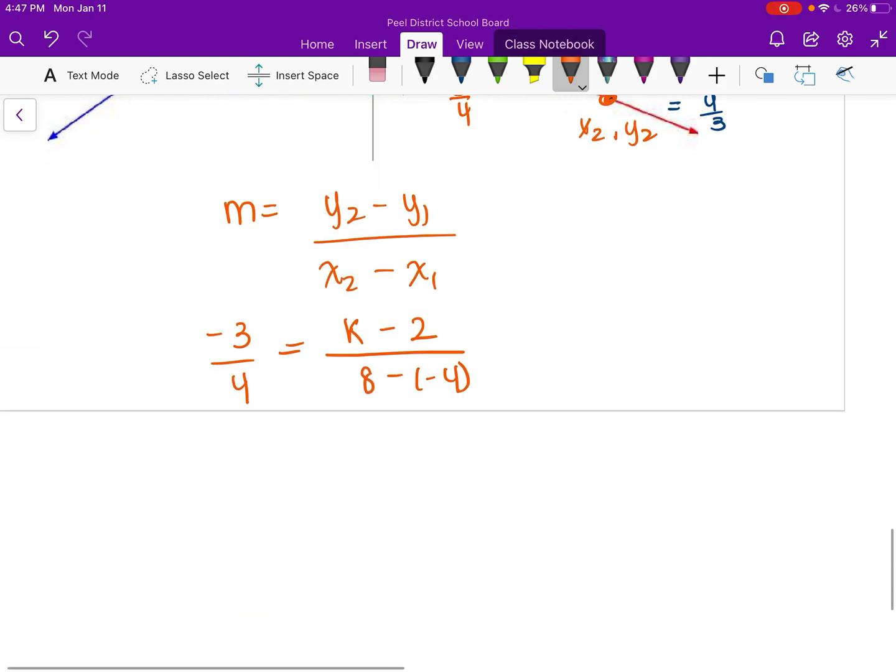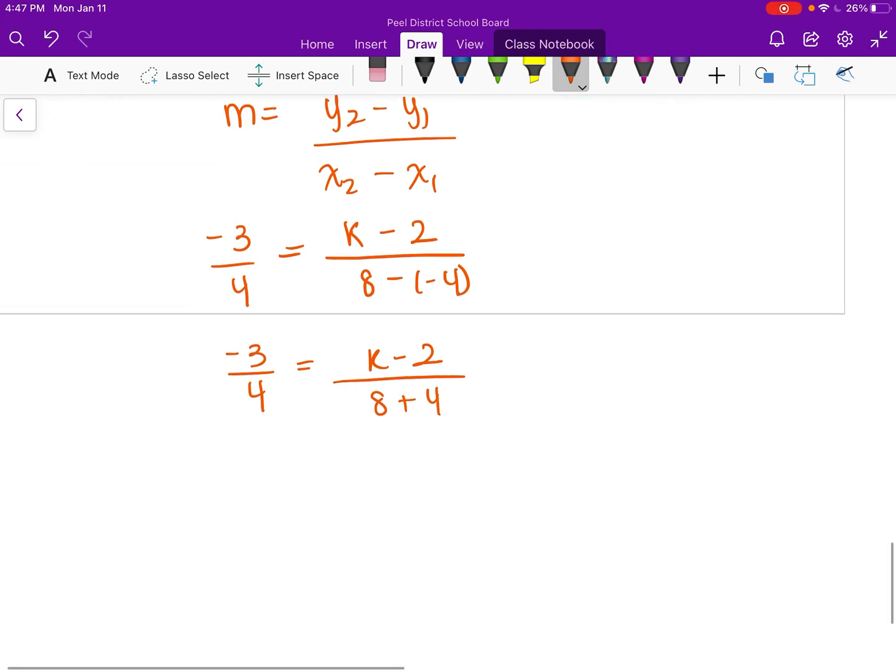Right? So then we're just going to solve for k. K minus 2, 8. The negative and the negative become a positive, so this becomes 8 plus 4. Right? So then I'm left with negative 3 over 4 equals k minus 2 over 12. So to get rid of the 12, we're going to multiply the 12 on both sides.